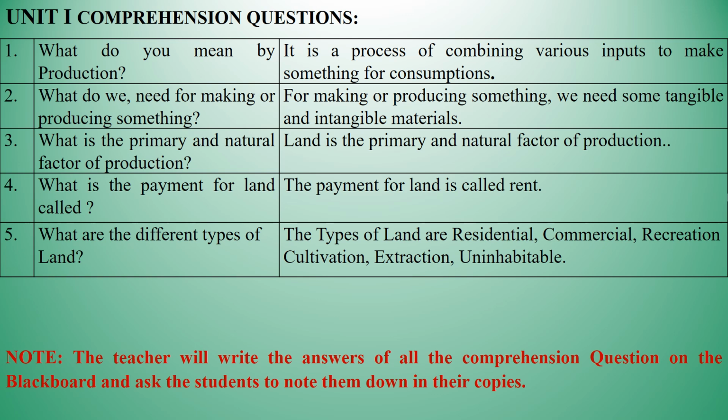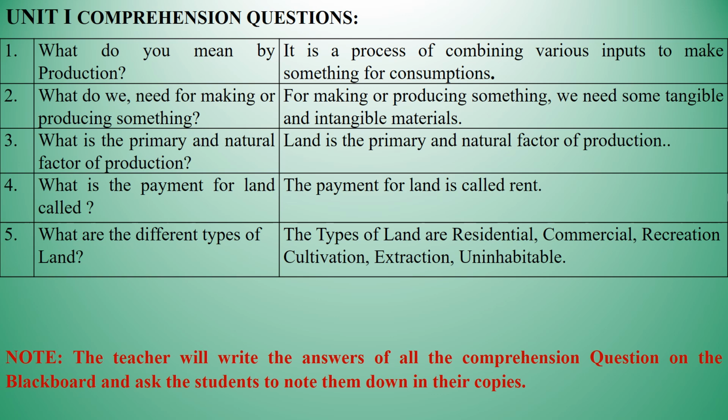The student will answer that payment for land is called rent. The fifth and the last comprehensive question is, what are the different types of land? The students will answer that the types of land are residential, commercial, recreation, cultivation, extraction, and uninhabitable.